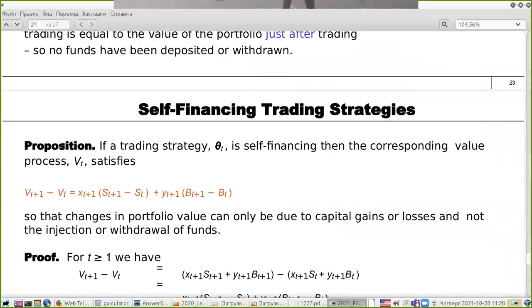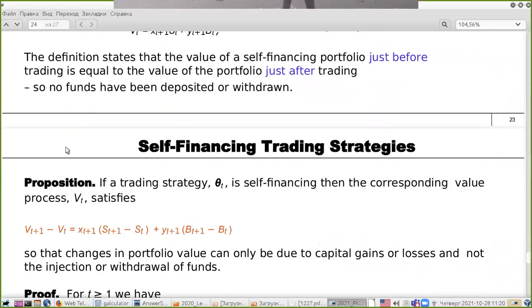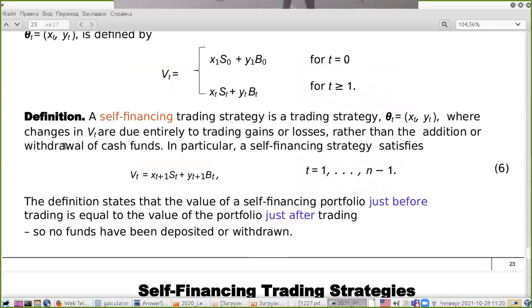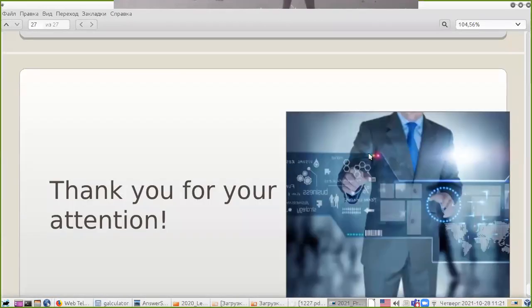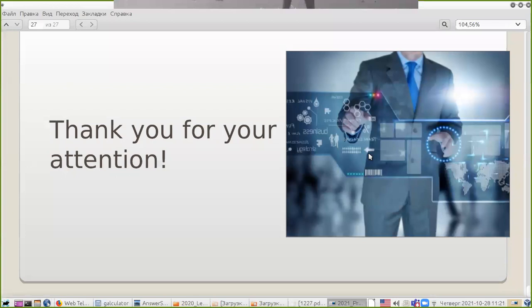And it is a self-financing trading strategy because the value just before every time equals the value just after this time. And that's all. If you have any questions, we can discuss this in the practical lesson.